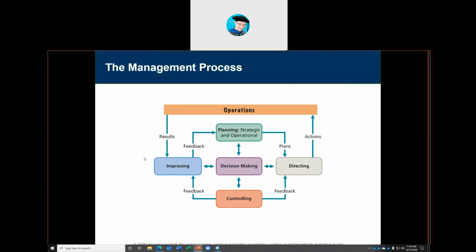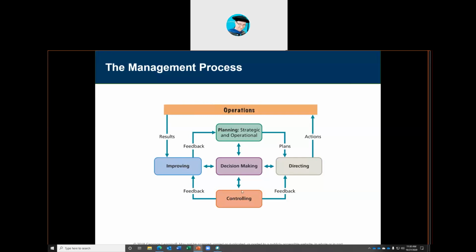And here's how it looks from a graphical representation. First, we plan. Our operational plan tells us what we need to do. We put that plan into action through direction. By directing, we put it into action, and then we actually create the products. And from there, we make improvements based off of the results. From our improvements, we make decisions.